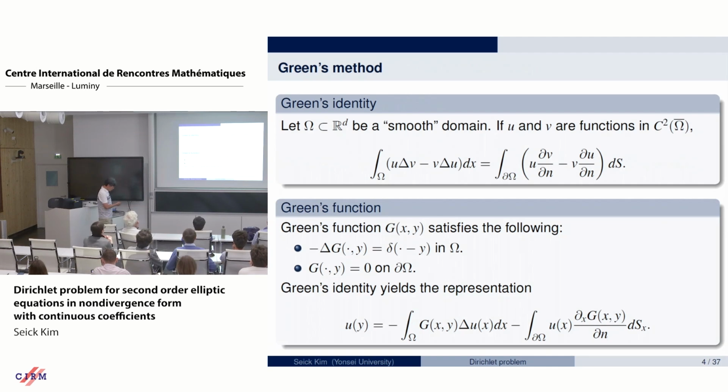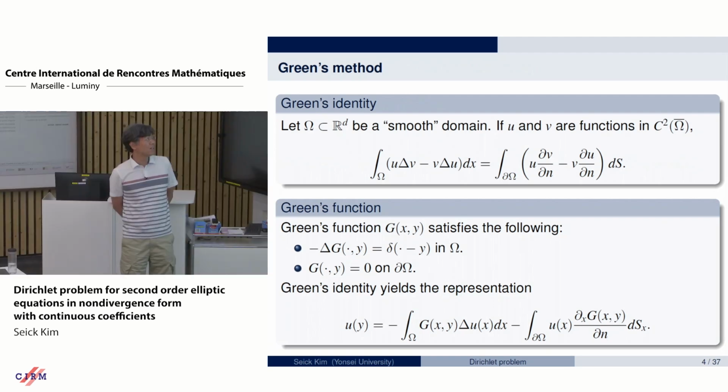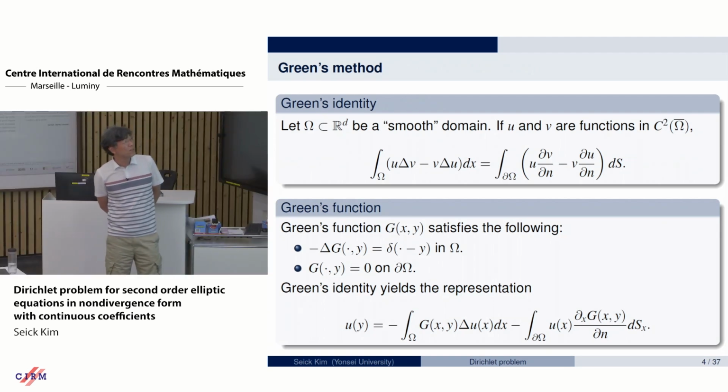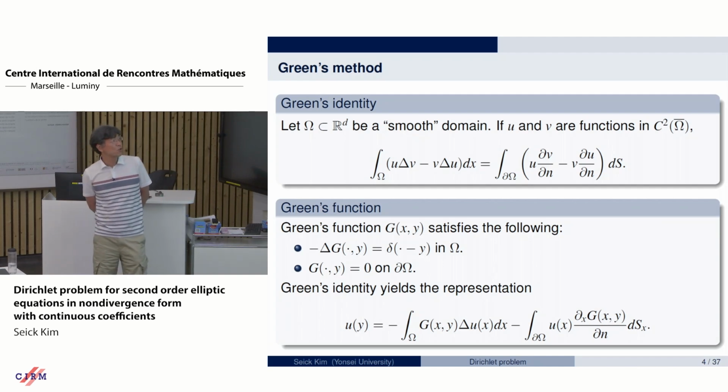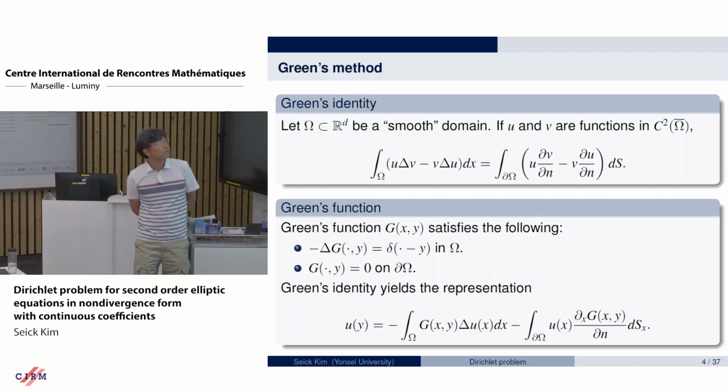Let me begin with Green's identity. It's nothing but the integration by parts formula. If omega is smooth enough, then you have this nice identity: u times Laplace v minus v times Laplace u is represented by the boundary integral of those things.